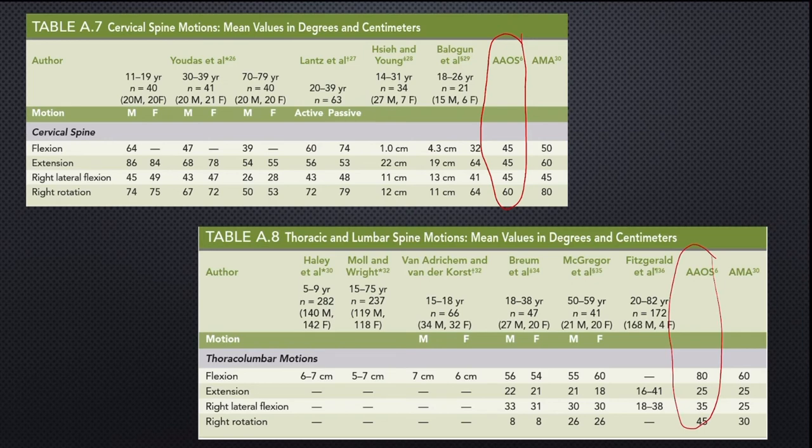I think AAOS stands for American Academy of Orthopedic Surgeons, something like that. So these values are the ones we use in terms of our PT practice. Okay, so this is in degrees, 45 degrees, as well as this one. So when you say cervical flexion, the normal value is 45 degrees.